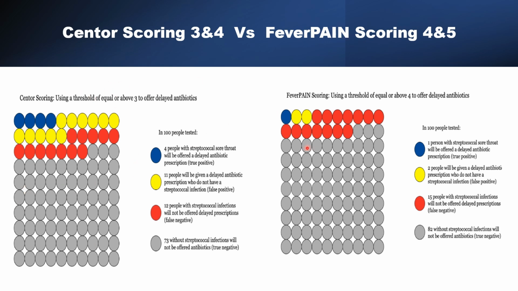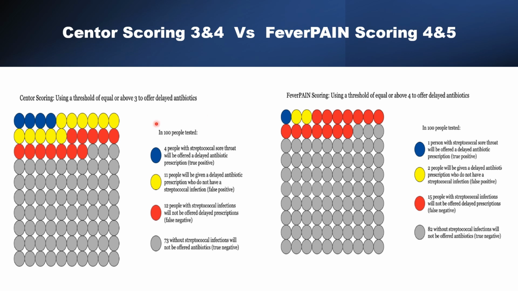Now, comparing the high scores of the Centor versus the high scores of the FeverPAIN in 100 consecutive cases of acute sore throat, would show that with the Centor scoring, it would identify the true negative cases, the gray ones here, in 73%. The FeverPAIN would identify 82% of the true negative cases. And the true positive, the Centor would identify 4, and the FeverPAIN would only identify 1 true positive. And then there would be false positive cases for about 11 cases in the Centor and only 2 cases in the FeverPAIN.